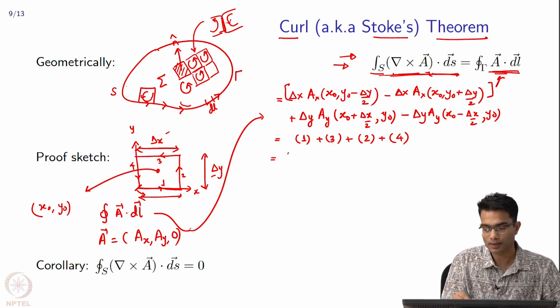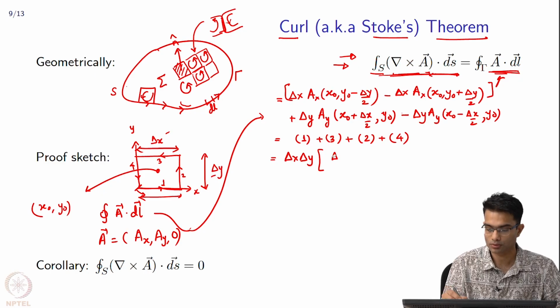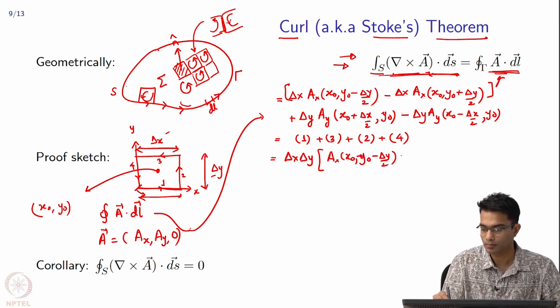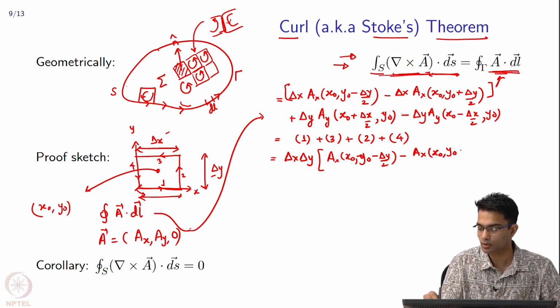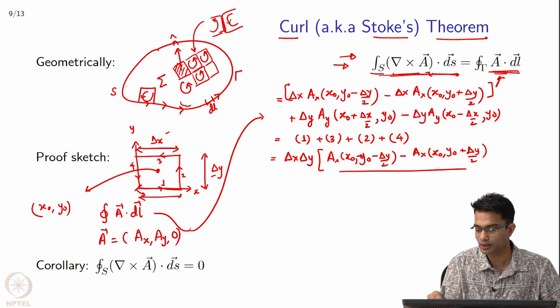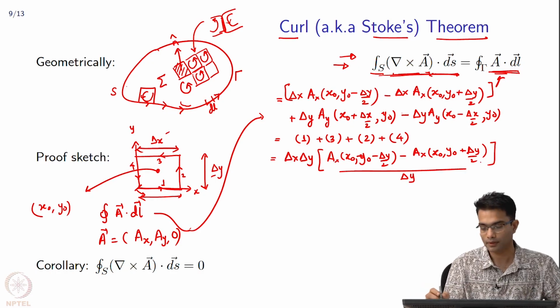So, delta x delta y is common, and what I have is Ax, x naught, y naught minus delta y by 2 minus Ax, x naught, y naught plus delta y by 2, whole thing divided by delta y.